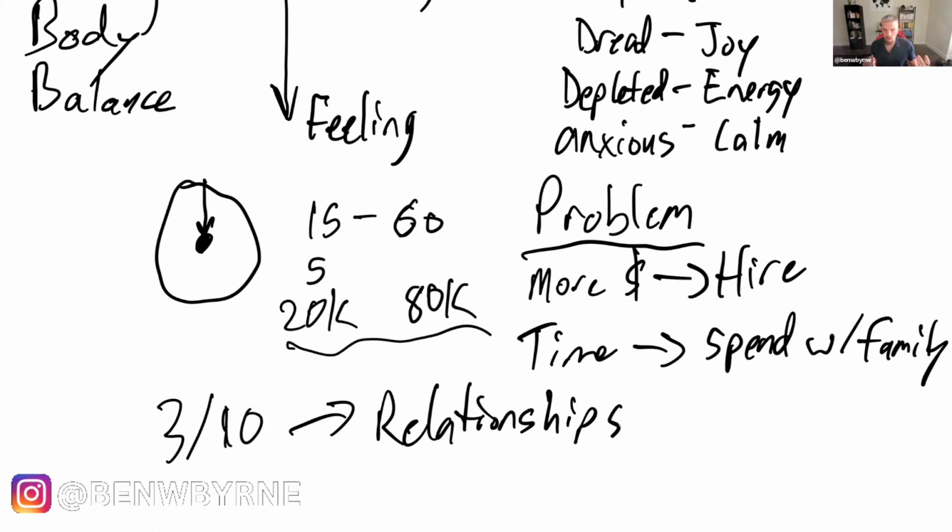Are you single? Are you married? Do you have a girlfriend? What's your relationship status? Yeah, I got a girlfriend. Okay, and do you feel like this is impacting your relationship at all? Like the fact that you're a 3 out of 10, that you're anxious all the time, and that your business is really stressing you out? Yeah. Well, in what way though? Well, this is happening.